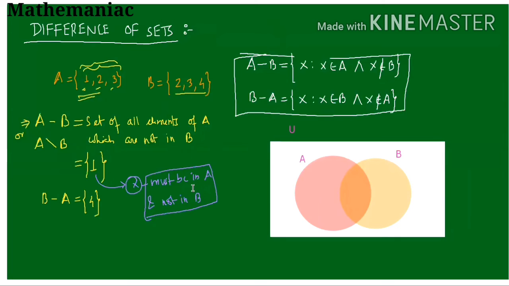Now you try to see. This particular part over which my pointer is moving, like the crescent, this is A minus B, because any element belonging to this will not be found in B. Here, this particular part is B minus A. So this is what you have to remember.